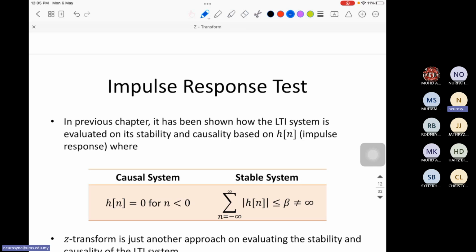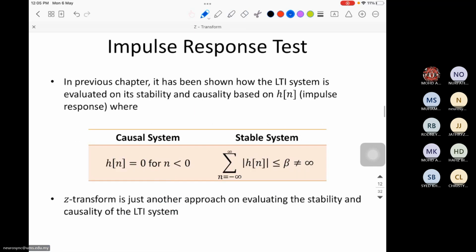Let us take another example. This is the impulse response. In the starting lectures, lecture 1, 2, we have seen the LTI system, and we have seen the causality and the stability of the system.